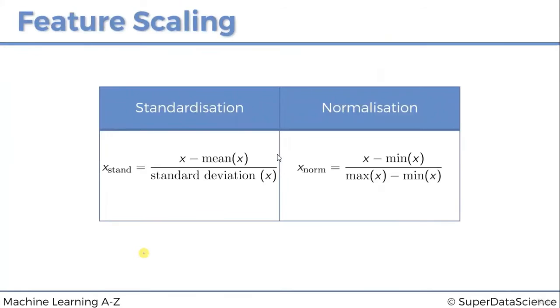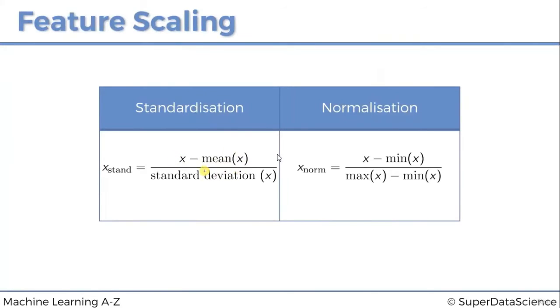This will put all the values of the feature between around -3 and +3, when you apply this transformation on all the features of your dataset.